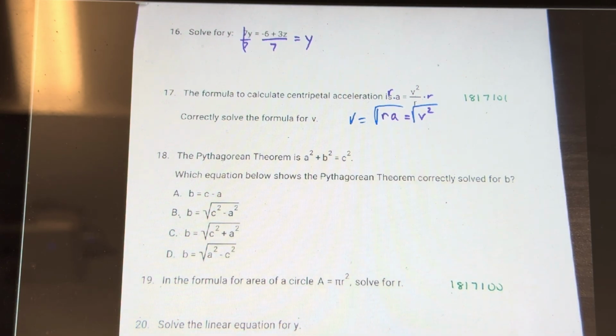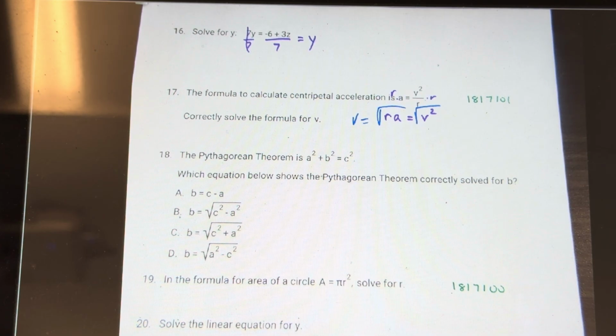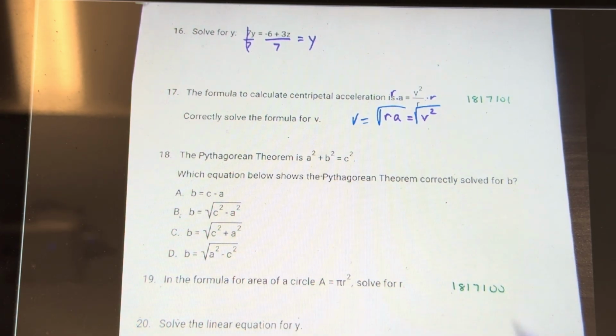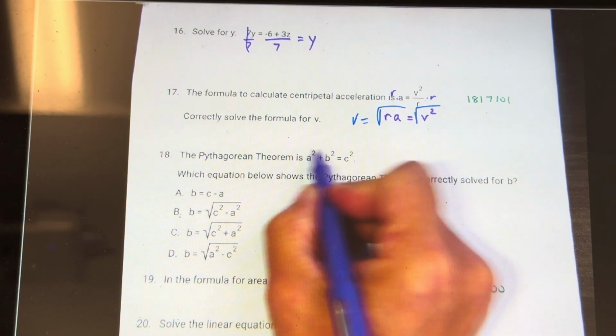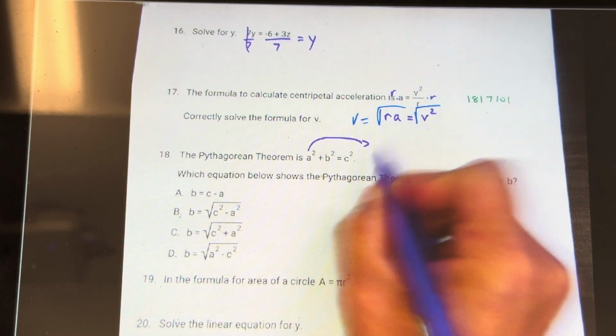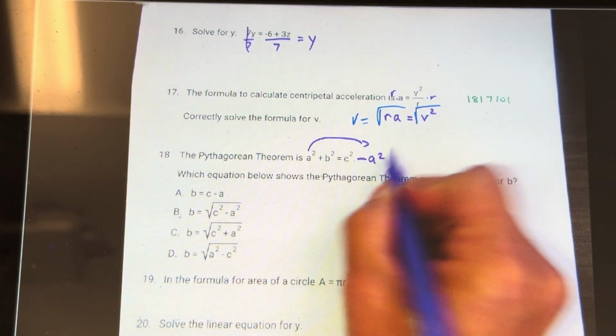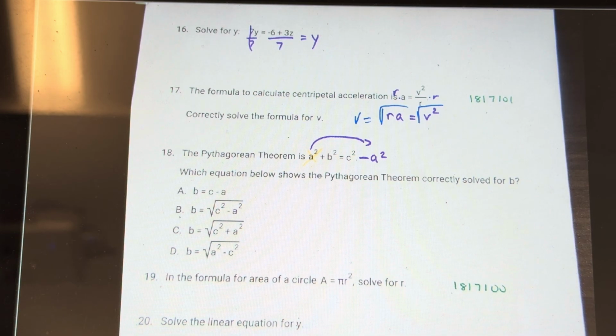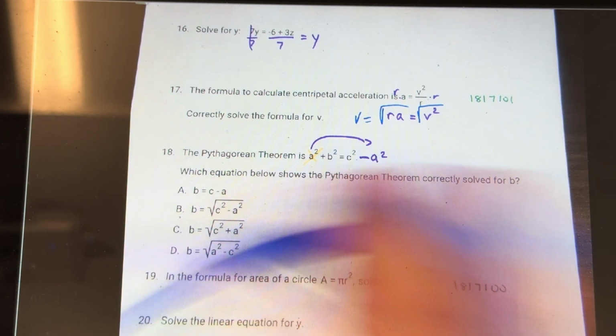18 is your Pythagorean theorem. So we are solving for b because it's multiple choice. So if a squared is positive over here, it is going to be negative over here. And once I move it, it is gone. It's no longer over here. And then again, the opposite of squaring something is square root.